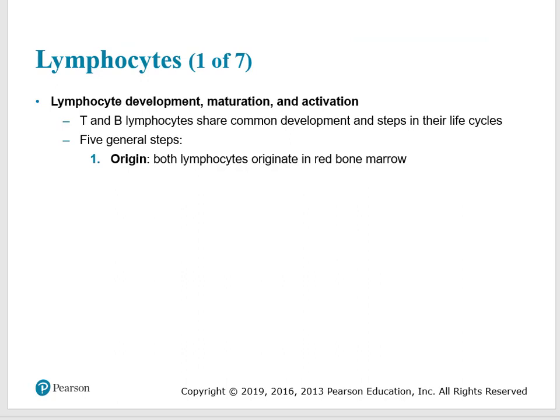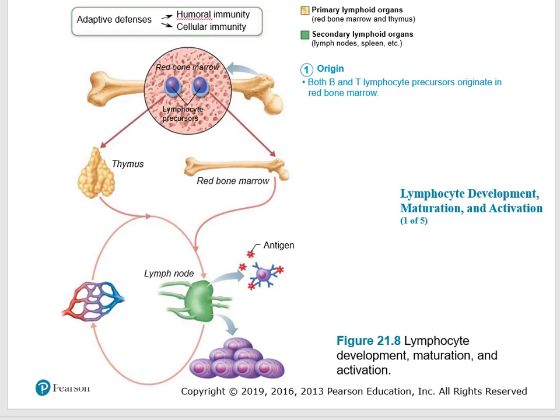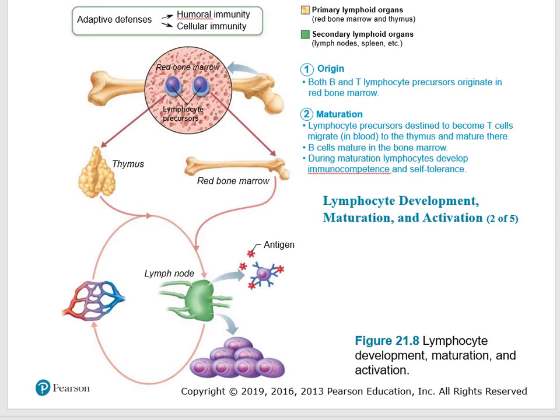Now, when we come to the lymphocytes, both B and T lymphocytes are formed in the red bone marrow of our body. But after the origin, what happens to those lymphocytes differs. When it goes to maturation, the T cells basically go to the thymus to get matured, and the B cells remain in the bone marrow to become mature.